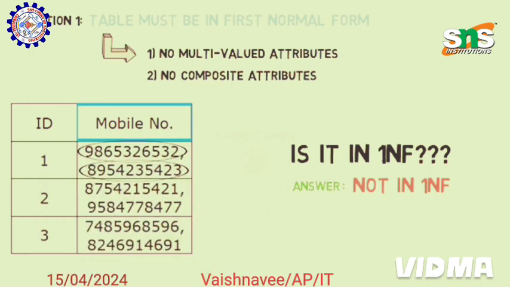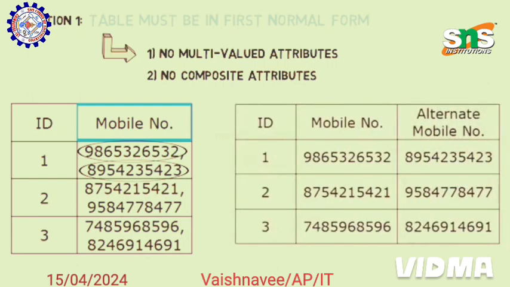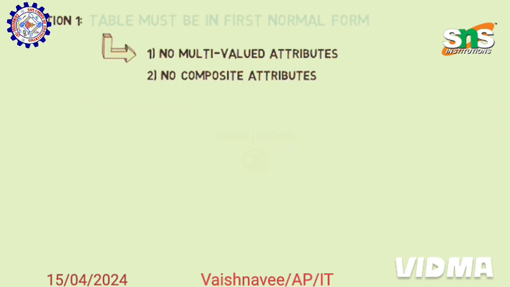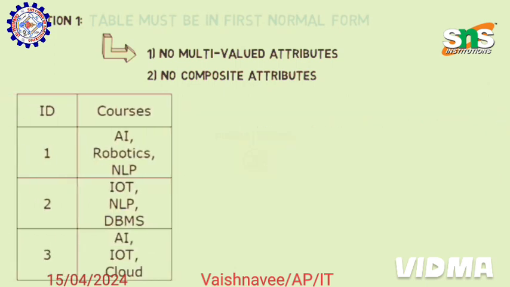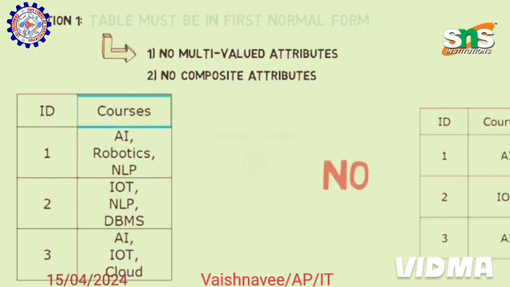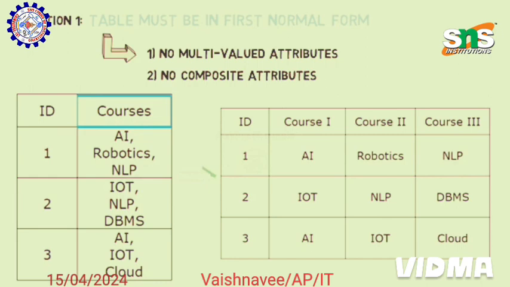If we modify this table into this, it can be in first normal form because each column is a single valued attribute. Let us take another example. In this table, first normal form answer is no because the course attribute has multiple values. So when we change it as follows, the table can be said to be in first normal form.